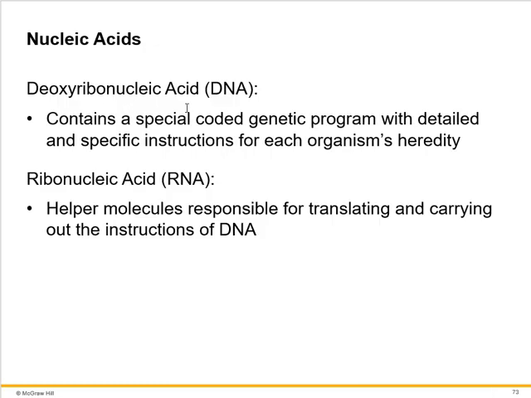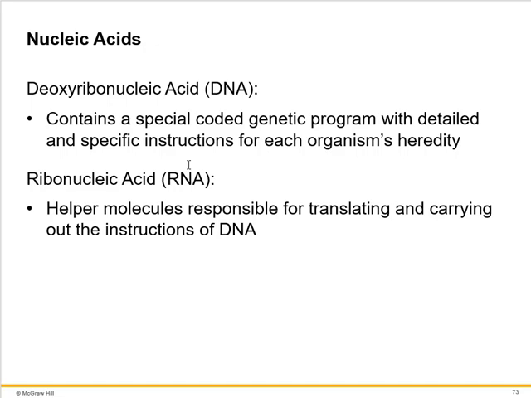So DNA, deoxyribonucleic acid, is the special coded genetic program with detailed and specific instructions for each organism's heredity. So if it is a living cell, it has double-stranded DNA as its genetic code. Ribonucleic acid, RNA, is a helper.